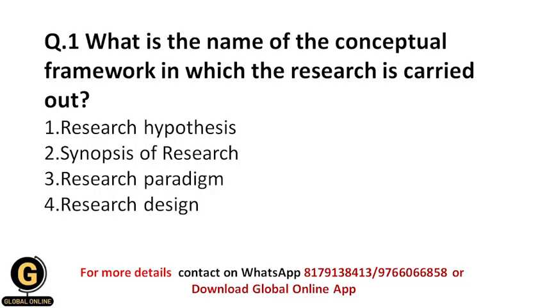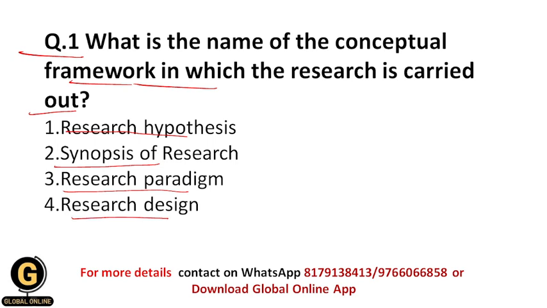Let us start with today's session. Question 1 is: what is the name of the conceptual framework in which the research is carried out? Through that conceptual framework, the research is carried out. Whether it is research hypothesis, synopsis of research, research paradigm, or research design.